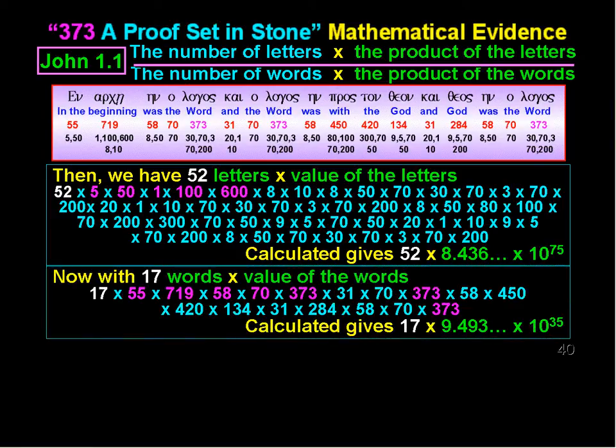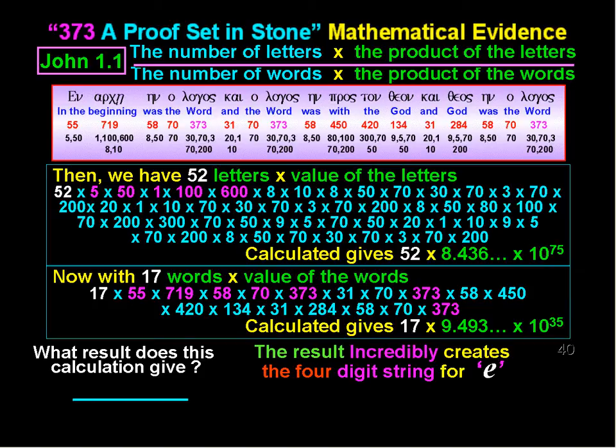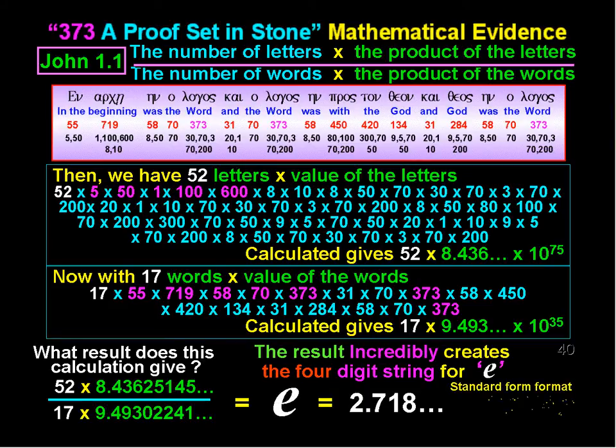Now with 17 words times the value of the words, which is 17 times 55 by 719 by 58 by 70, and so on. Calculated gives 17 times 9.493 times 10 to the power of 35. What result does this calculation give? The result incredibly creates the 4-digit string for e, 2.718, in standard form format.